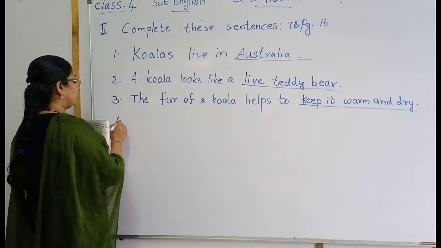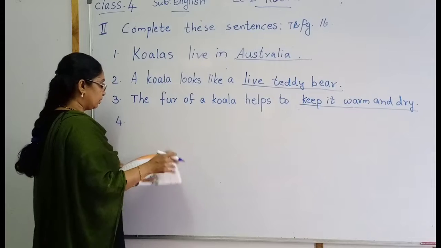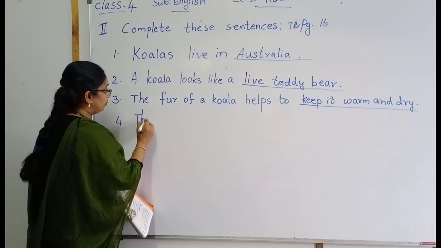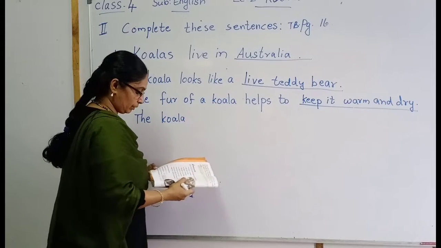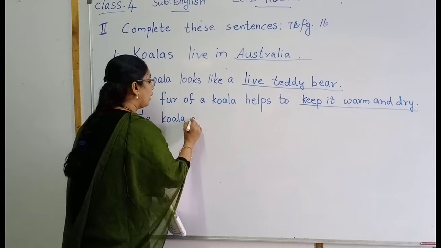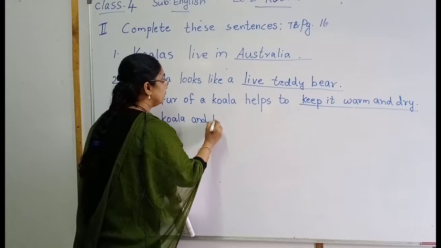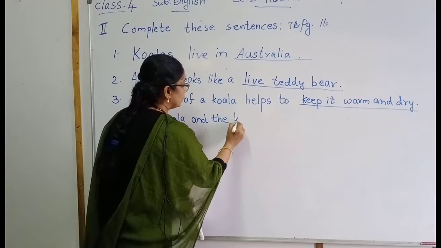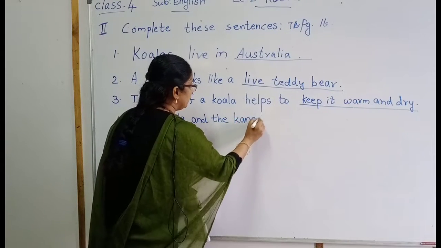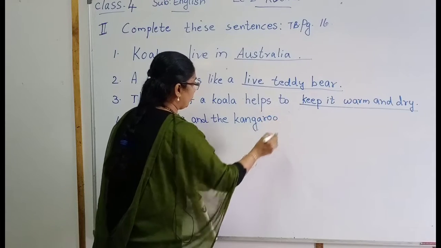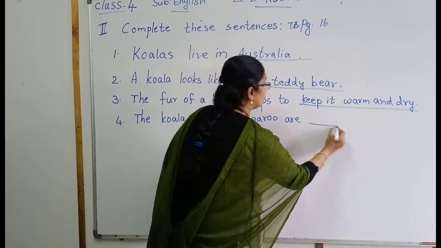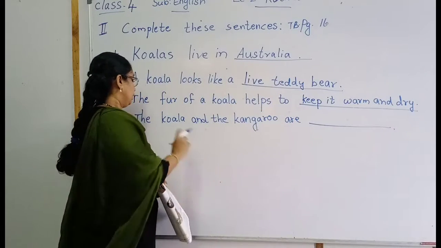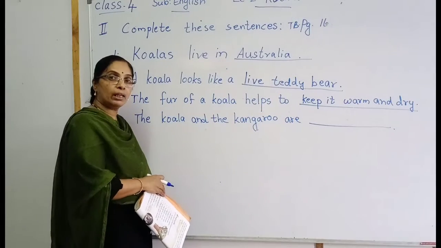Then next, number 4. The koala and the kangaroo are dash. The koala and kangaroo are what, children?